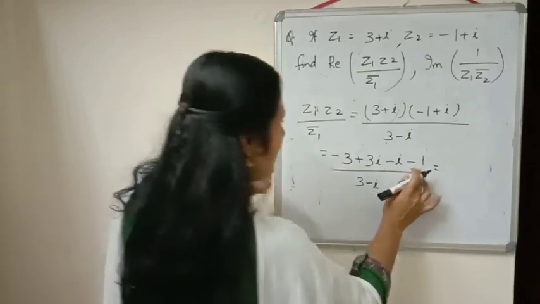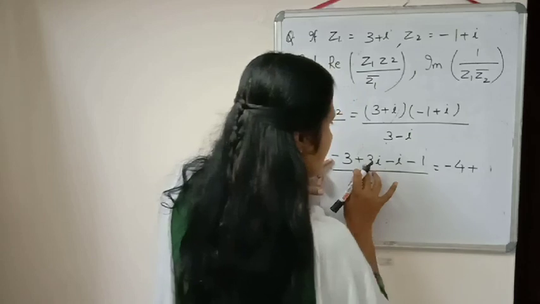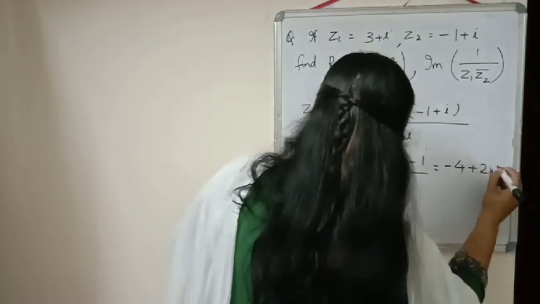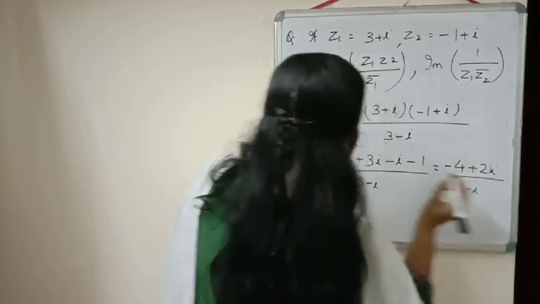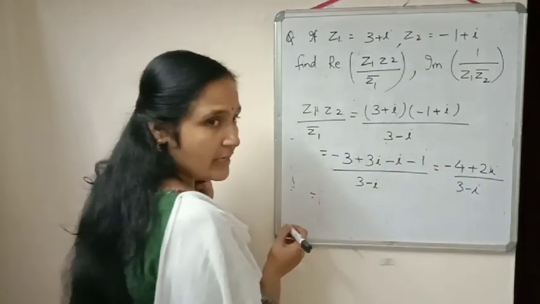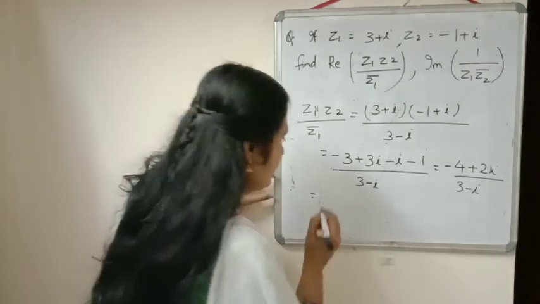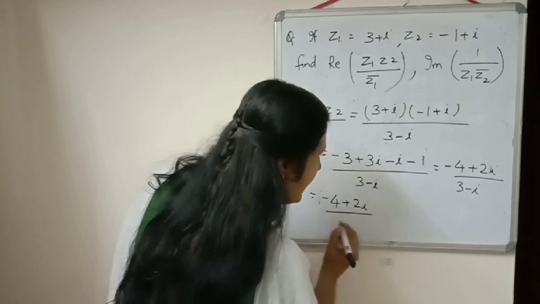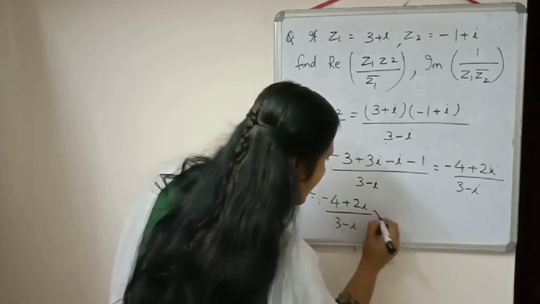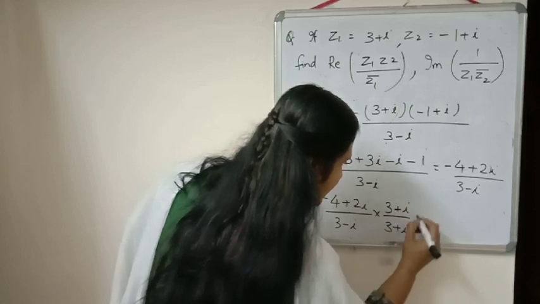Minus 3 minus 1 will be equal to minus 4, plus 3i minus i will be equal to 2i, by 3 minus i. Now again we will simplify it, we will rewrite it in the standard form of a complex number.